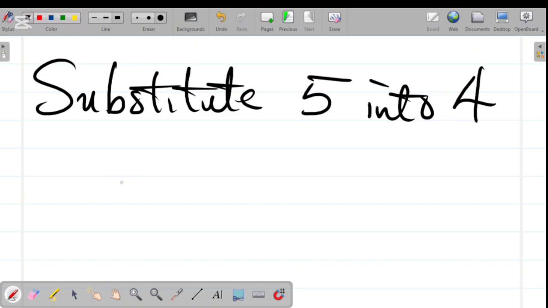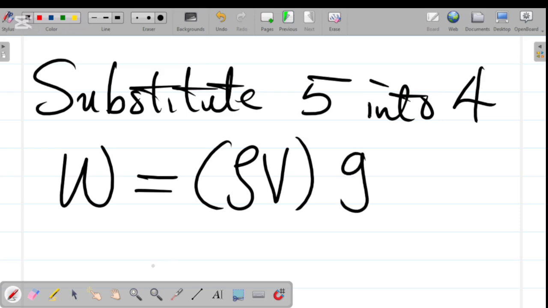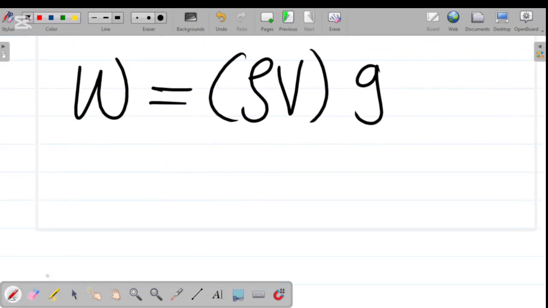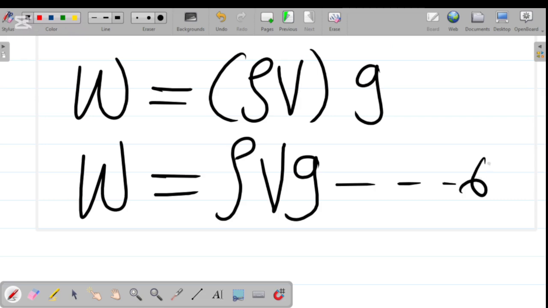If you substitute equation 5 into equation 4, weight W will be equal to rho multiplied by volume and then multiplied by G. So weight is equal to rho multiplied by volume and then multiplied by G. So let's call this equation 6.